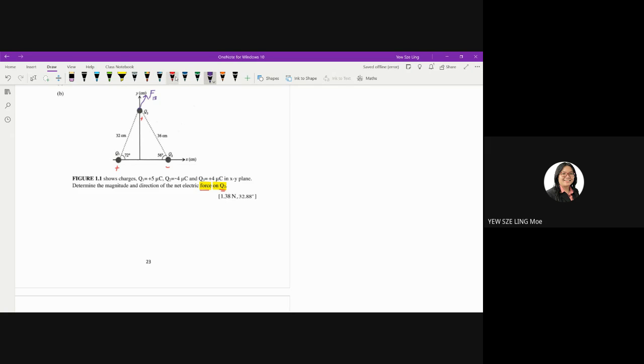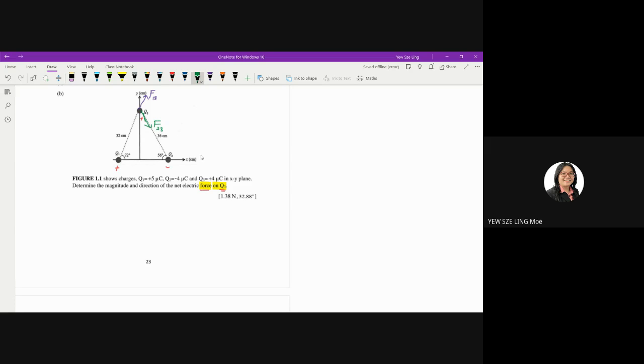Then next, I want to check the relationship between Q2 and Q3. Q2 and Q3, one positive and one negative, means that there will be an attractive force between them. So the direction would be like this. So this is F23.